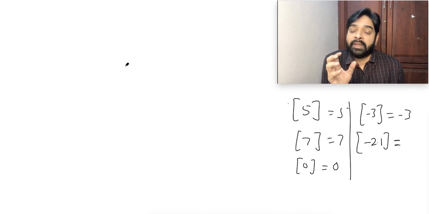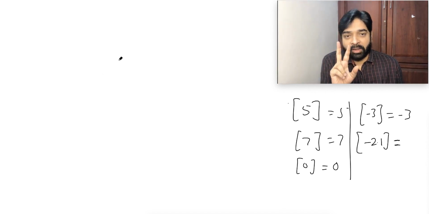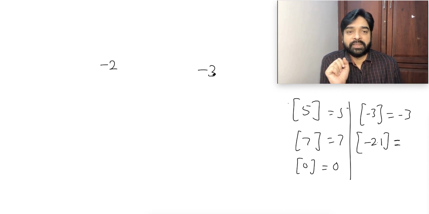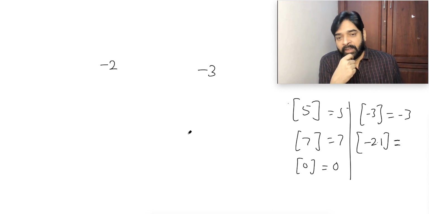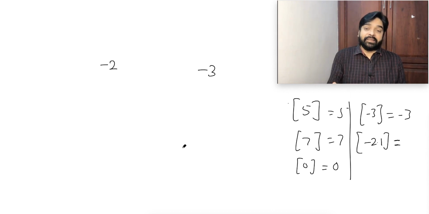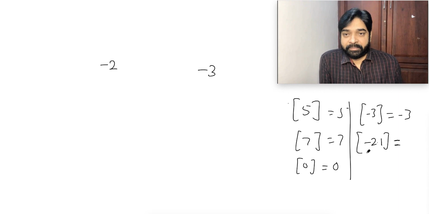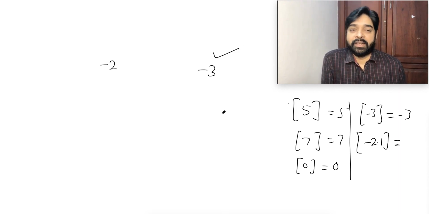Okay, I got two types of answers. Some people are saying minus 2, some people are saying minus 3. Remember, I said greatest integer. Here is where people make the mistake. It will be minus 3, not minus 2.